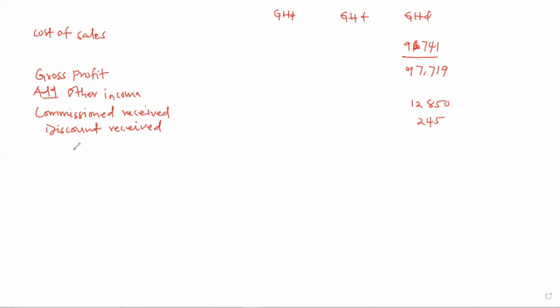Then we have interest received, which is also 7,500. So when we add all the other income to the gross profit, we have 118,314.